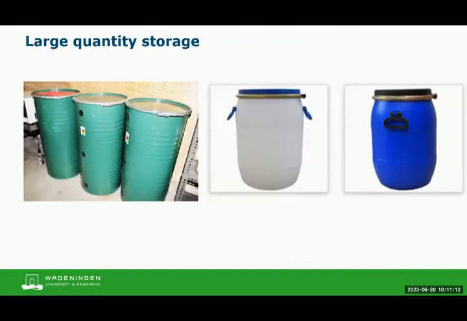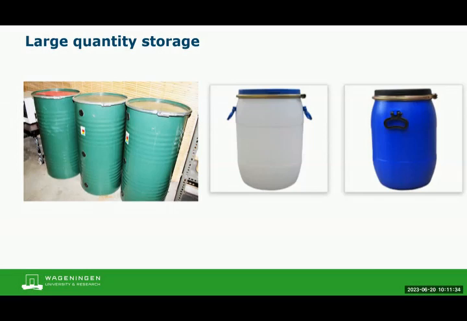And you can see there are so many different ones. There are metal ones which have relative humidity meters fitted on the walls, so that you can see exactly the relative humidity of the seeds inside these containers.